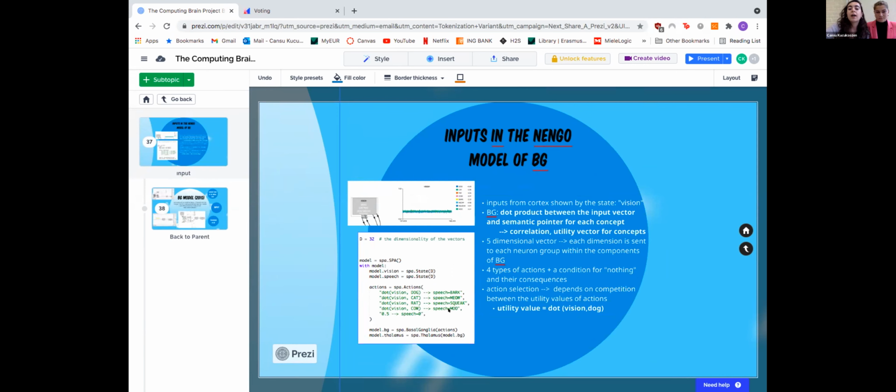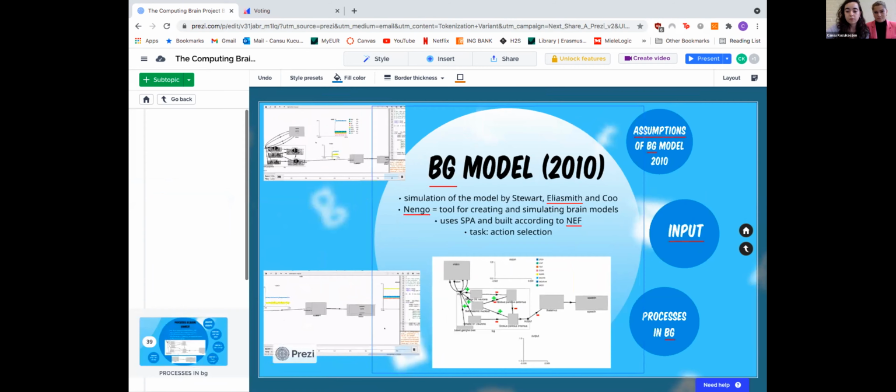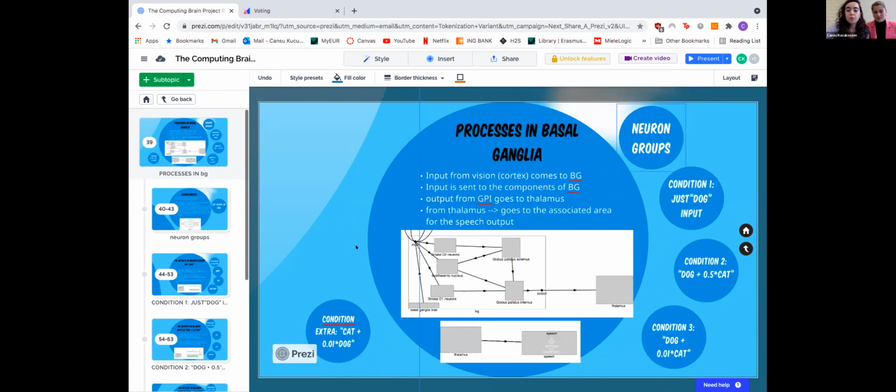Then according to that, it chooses one action with the highest utility value and gives the consequence. So for the dog, it's going to bark, for the cat, it's going to meow, and so on. So we have 4 actions represented in Nengo with this code. And so this is the representation in the basal ganglia.